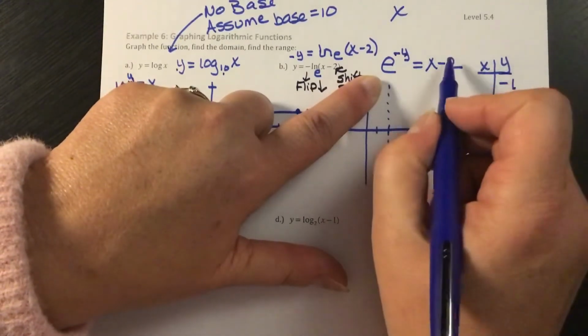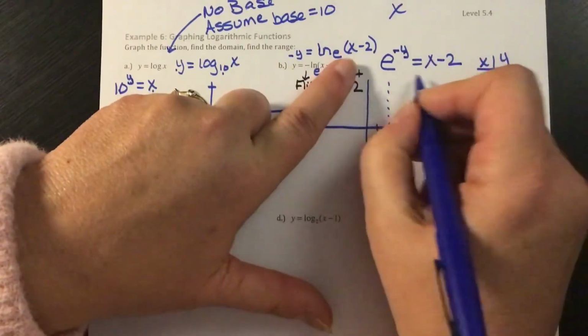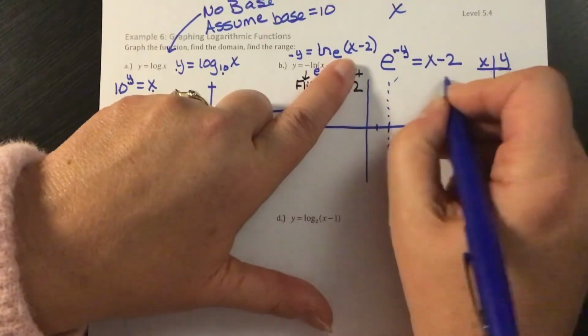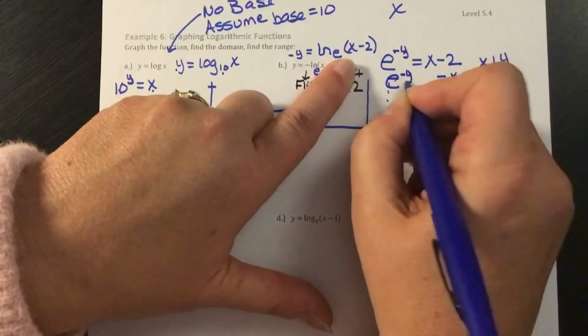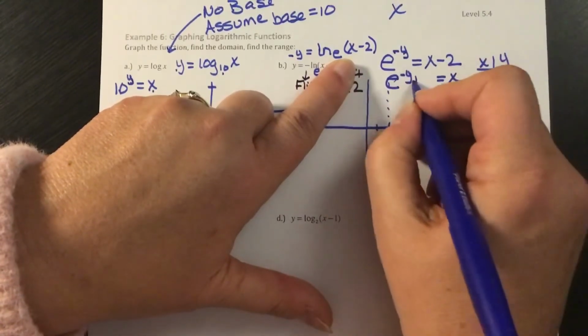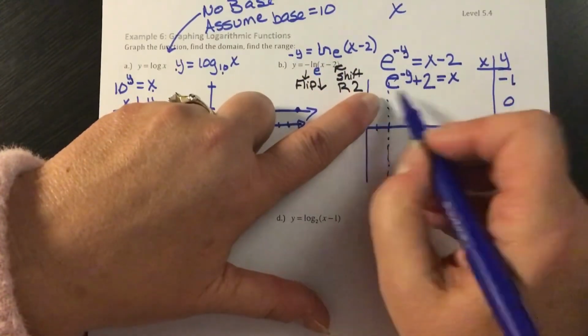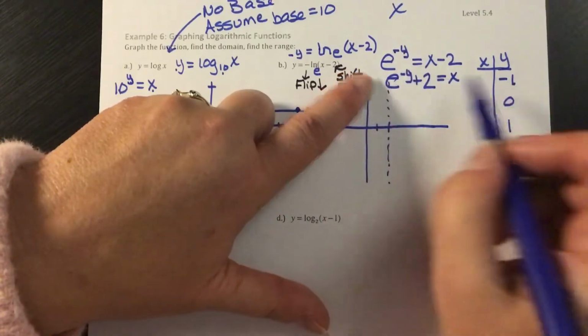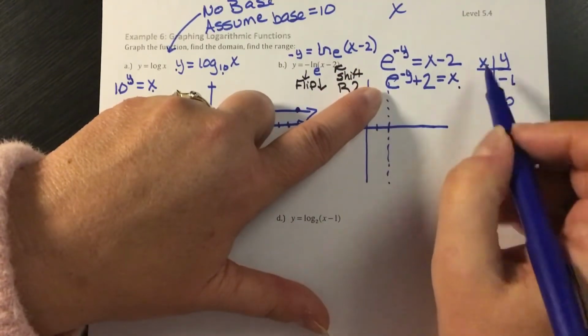And it might be easier if I just solve this for x and say that to find x, I'm going to do e to the -y, and then I'm going to add 2 over here. Okay, so that just means all of our calculations, when we plug it in, we add 2 at the end, and that will tell us what x is.